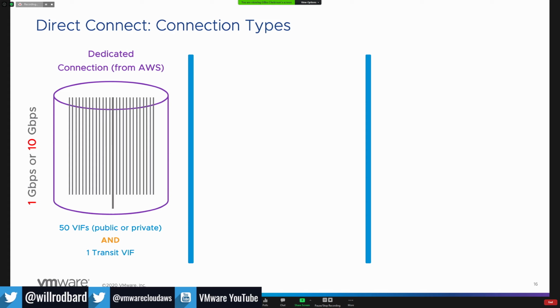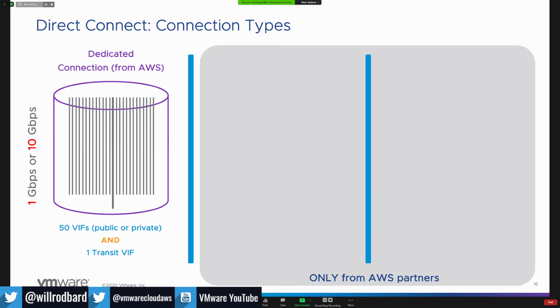So it's a total of 51 VIFs. The other two are from partners and only from partners. The second one is called the hosted connection, and the third one is called the hosted VIF. Please be careful with all these names: dedicated connection, hosted connection, hosted VIF.